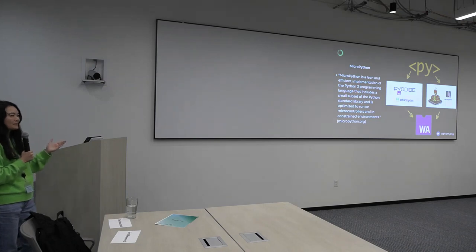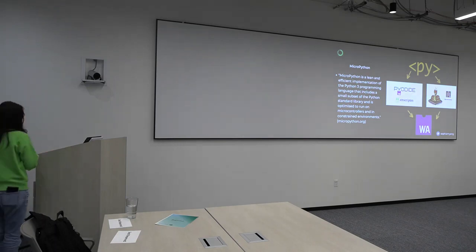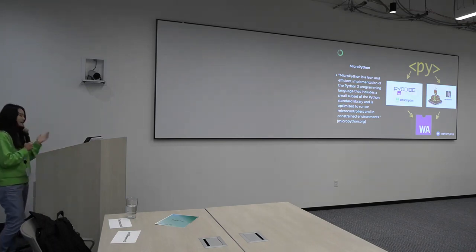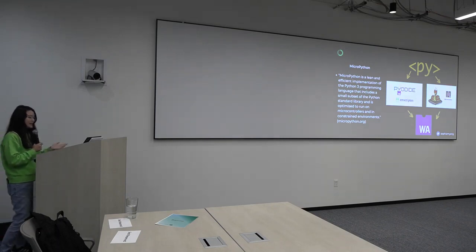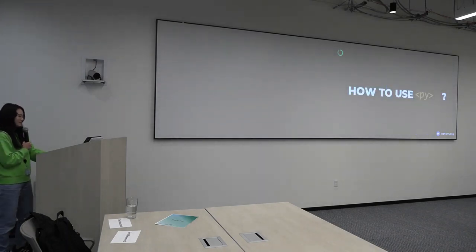With MicroPython, because it's so small and so efficient, it's actually really fast. So there's some trade-off there. But developers at Anaconda are constantly working on improving the speed and loading time for both of those. So, okay, how do we use PyScript?